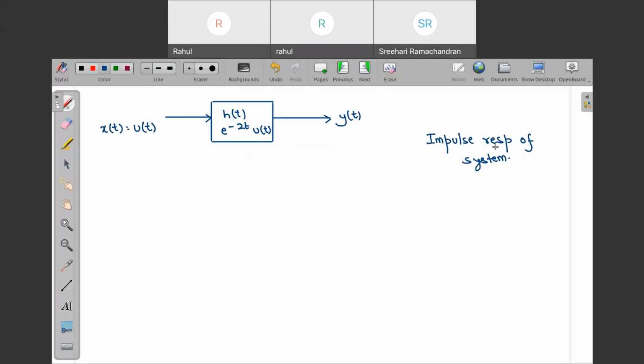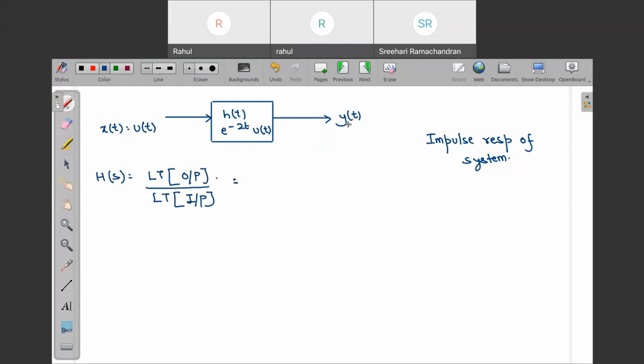How do we do that? We know the transfer function is equal to the Laplace transform of the output divided by the Laplace transform of the input when all initial values are 0.